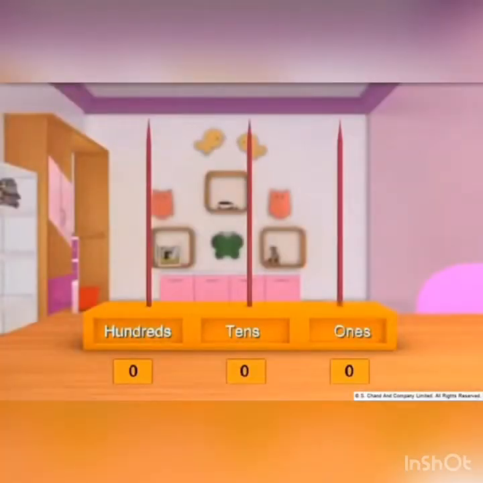Each bead at the tens place represents 10. So, using 1 to 9 beads at the tens place, we can represent the numbers 10, 20, 30, 40, 50, 60, 70, 80 and 90.